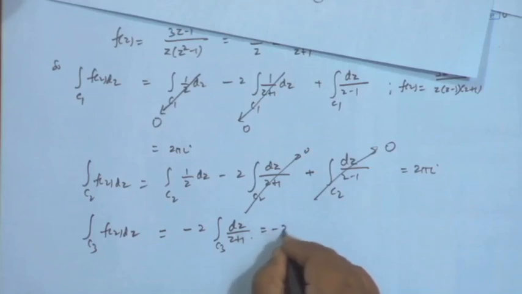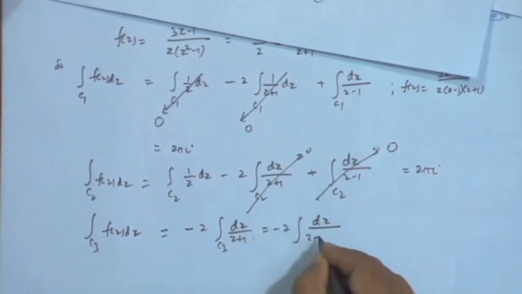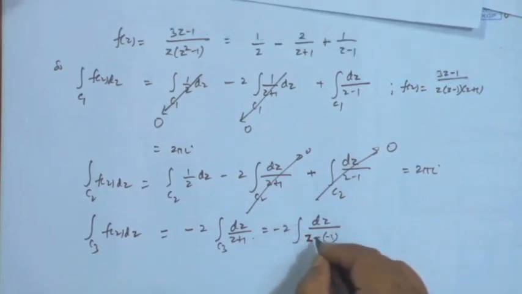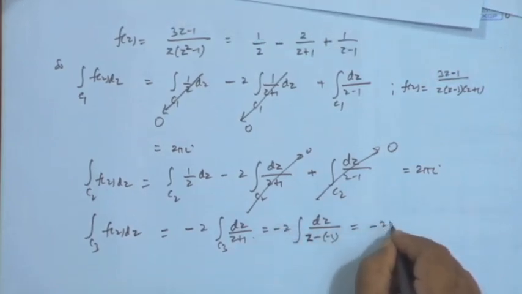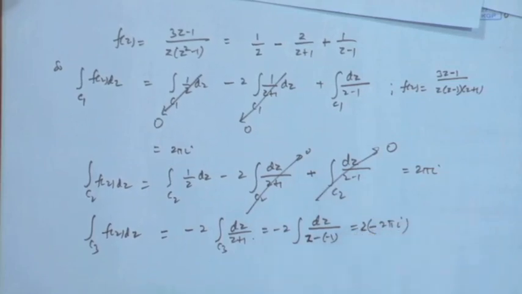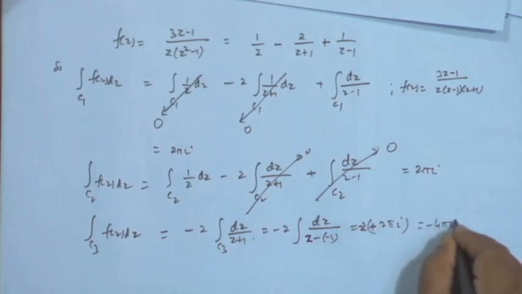The value will come out to be minus dz over z minus minus 1, which is the same as z minus z naught. So, again the value will be 2 pi I. So it is minus 2 pi I, multiplied by 2, so it is equal to minus 4 pi I.